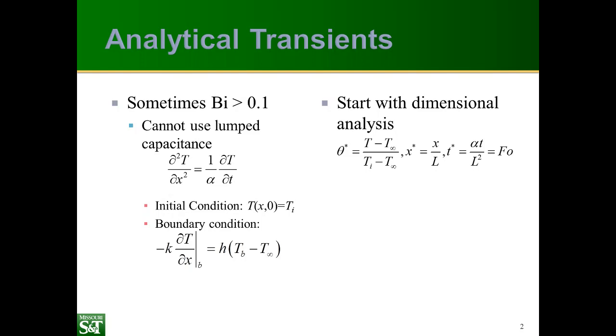So our initial condition is just at time 0, the whole thing is at a constant temperature, T initial. Then our boundary condition is on all the boundaries, k dT/dx is equal to h delta T. So it's just conduction heat flux equals convection heat flux. And we can solve this either analytically or numerically. So we're going to start with the analytical solution, and we'll look at numerical solutions a little later.